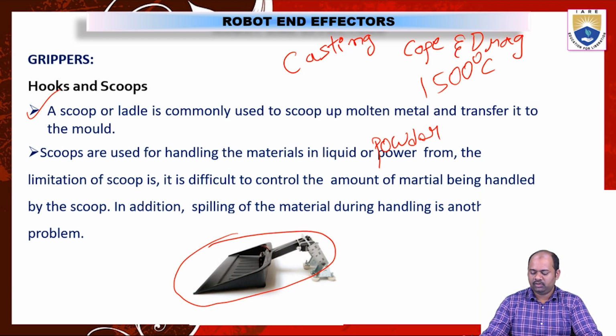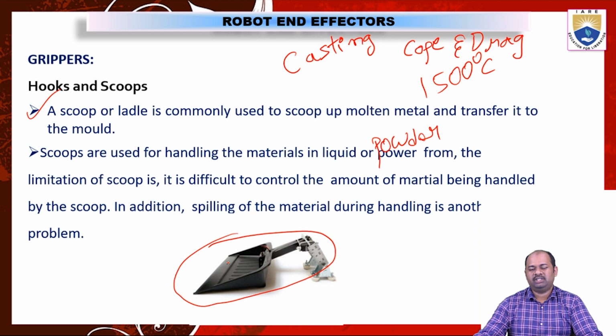It is difficult to control the amount of material being handled because the scoops are open and they cannot be easily controlled. That is why there is a limitation where we cannot control the amount of material it is carrying. In addition, spilling of the material during handling is another problem, because the scoop is very open.